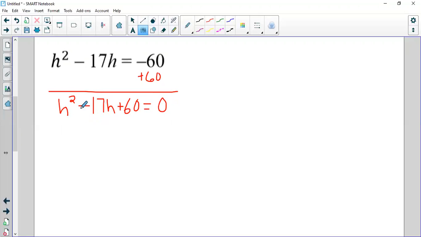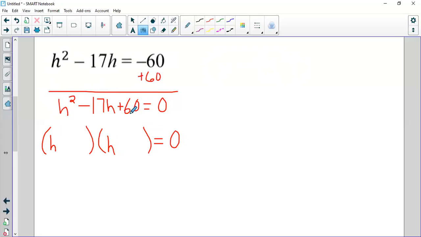Now I have a trinomial with an a coefficient of 1, and I am ready to factor. I will set up my 2 parentheses. That product will equal 0. I will fill in my variable, my h and my h. I have a positive c value.